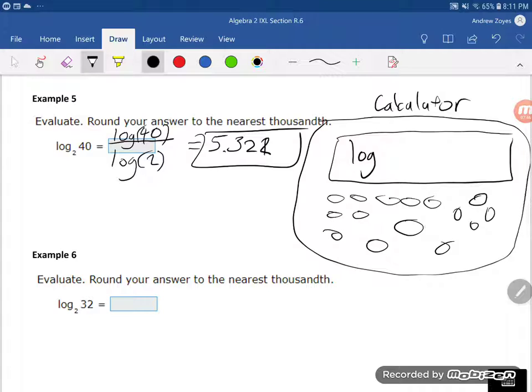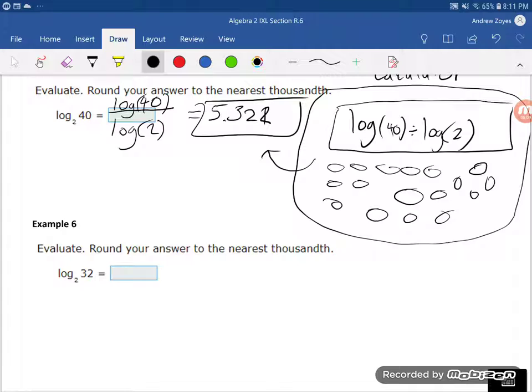All the buttons. Okay, what I typed in was log of 40, and then a division symbol, and then log of 2. Okay, I hit enter on that, and then out came this decimal. Alright, so let's go on to the next one.